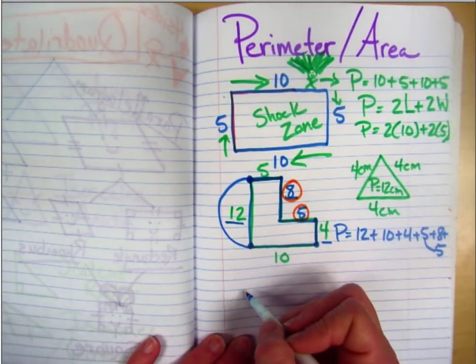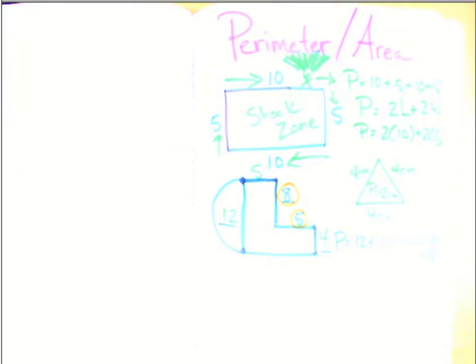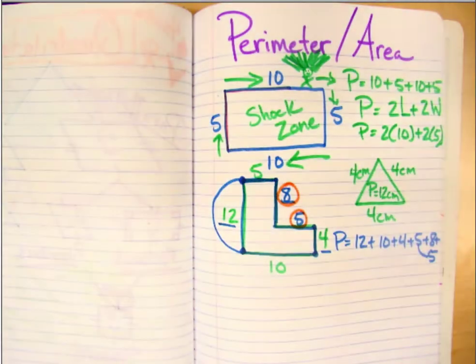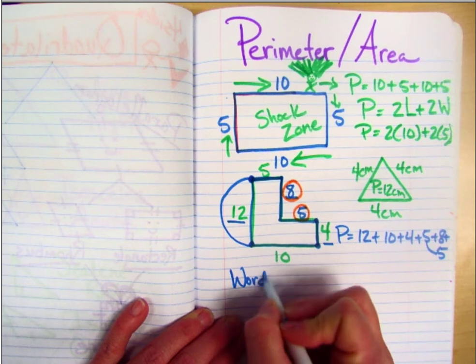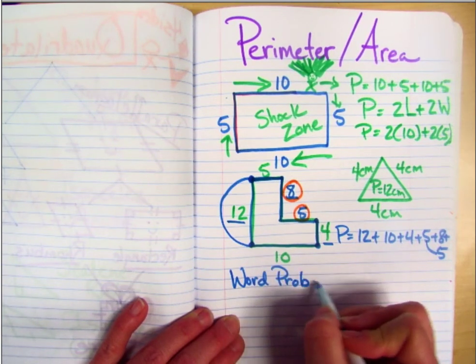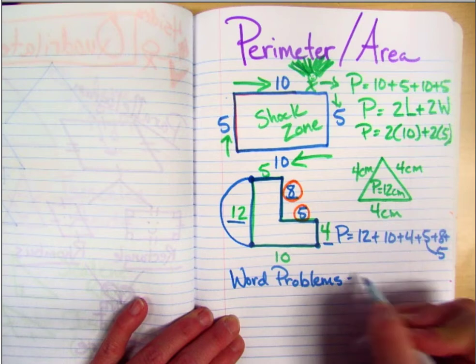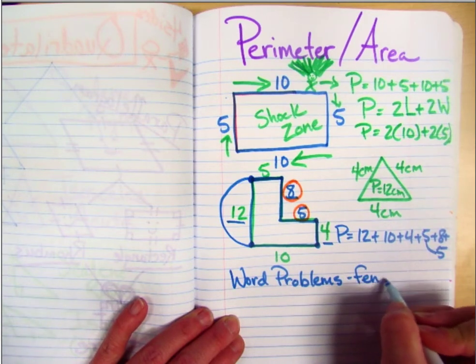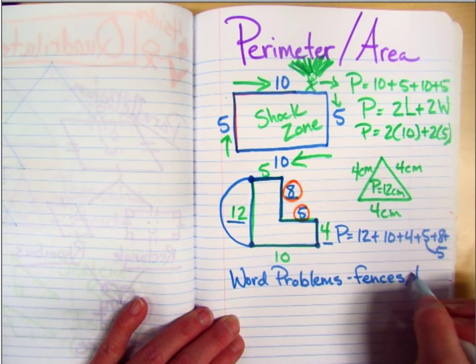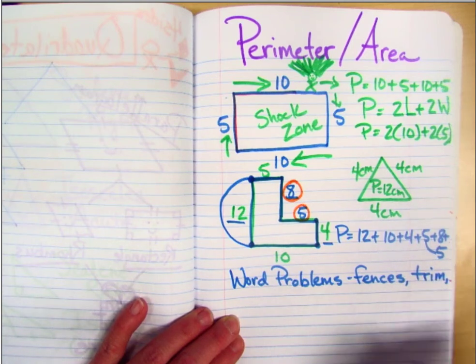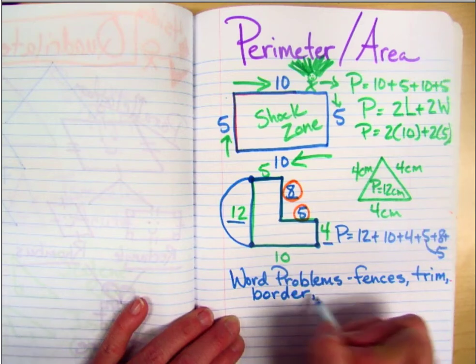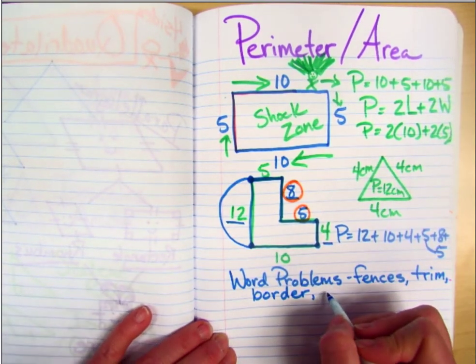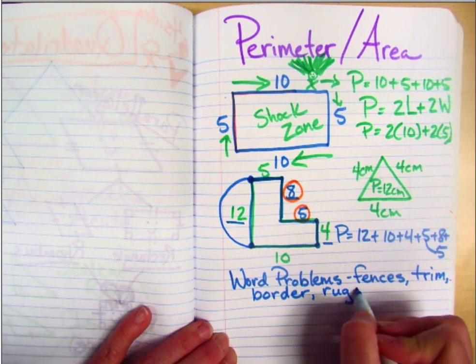So this is perimeter. Perimeter word problems are normally about things like fences, trim, a border around a garden, rugs sometimes.